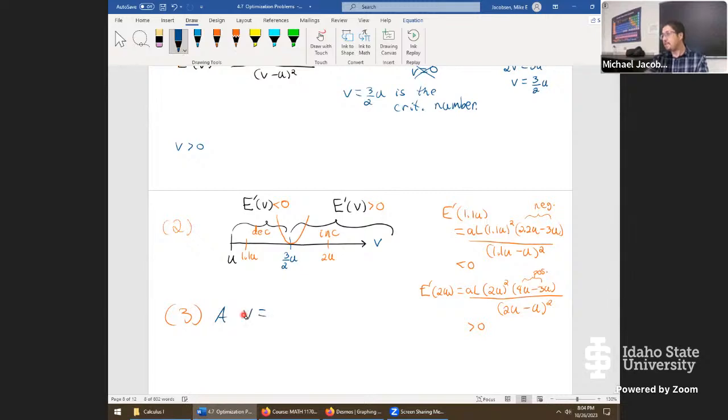At V equals 3/2 of U, energy expenditure is minimized. So if that fish is a migratory fish, that's probably what it's trying to do, minimize energy expenditure, swim at that speed.